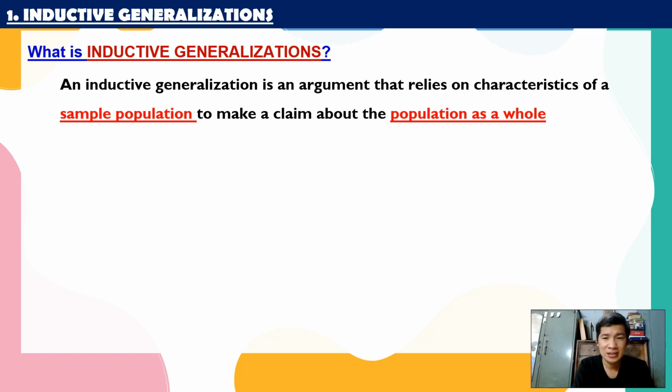And then your conclusion is that all the IU female students are super beautiful. Are you sure? Then you can see from the sample population, you draw the conclusion about the whole population. From the small sample, you draw the conclusion to the very big population.